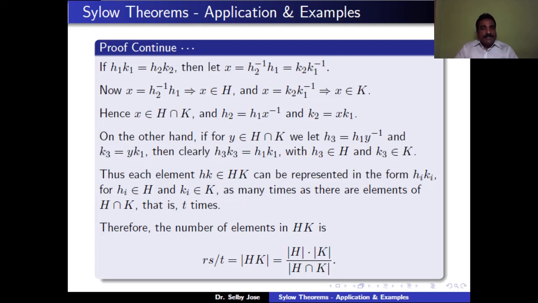That number of times is equal to the number of elements in H intersection K. That means hk can be repeated in HK t times, where t is the number of elements in H intersection K. Therefore, every element of HK is repeated t times. Therefore, the cardinality of HK is the same as r times s upon t, which is equal to order of H times order of K upon order of H intersection K.